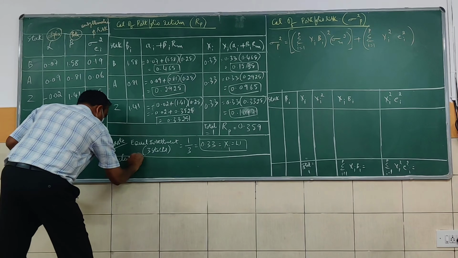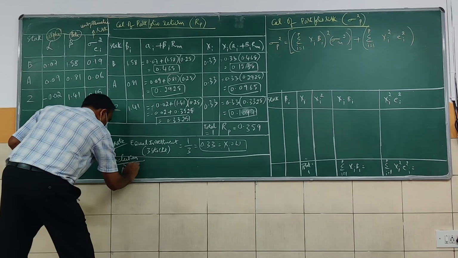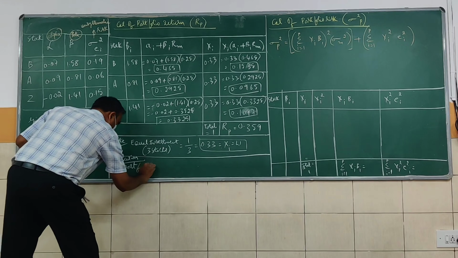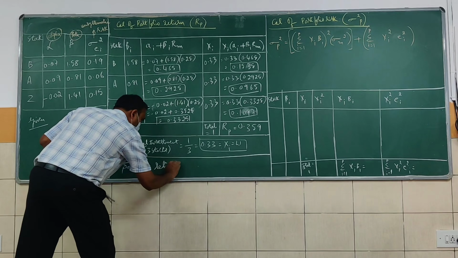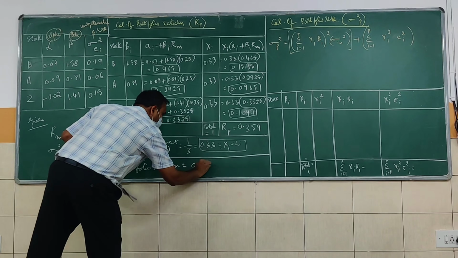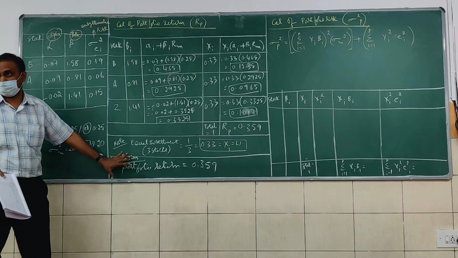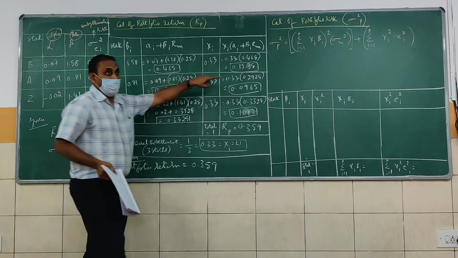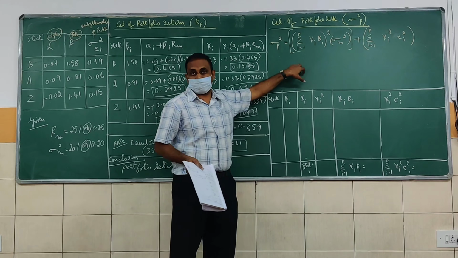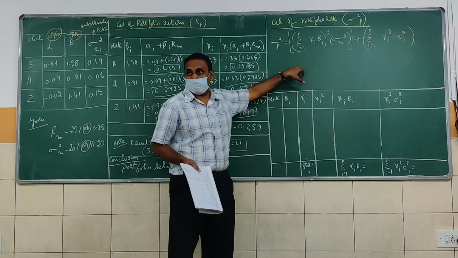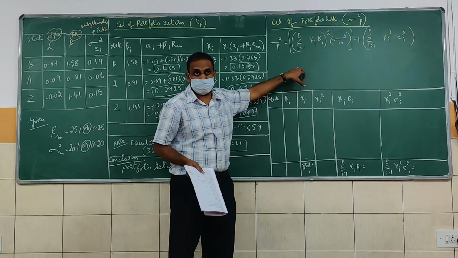So conclusion, portfolio return is equal to 0.359. Conclusion for this part. This is portfolio risk. Portfolio risk calculation is more, I had told in the last class.